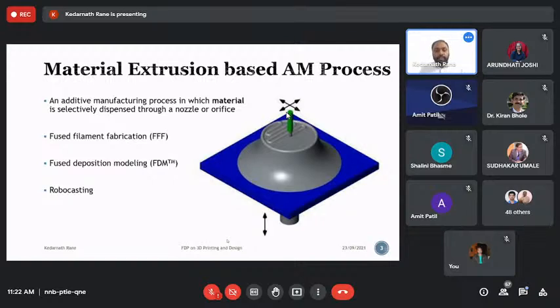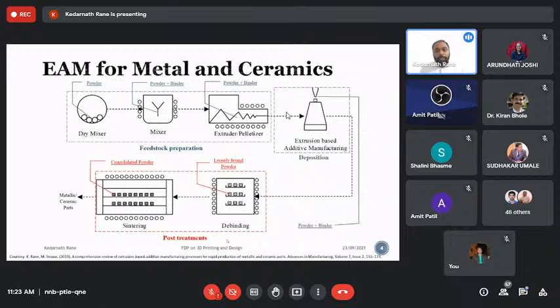But it is a very old technology, and it is not used in recent years. So we are aware of some of the technologies used in the past, but we are jumping to the new technology which is called EAM for metals and ceramics.